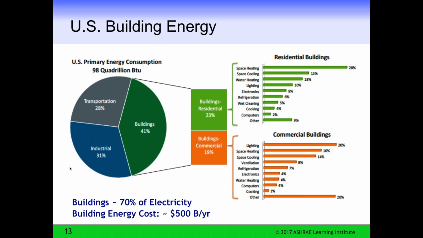Pretty evenly split between residential and commercial. Residential 23%, commercial 19%. And then off on the right, you have a breakdown by energy end uses within residential and commercial. And you see in residential, space heating and cooling are the largest end uses, and in commercial, lighting is by far the largest, followed by heating and cooling and then ventilation.